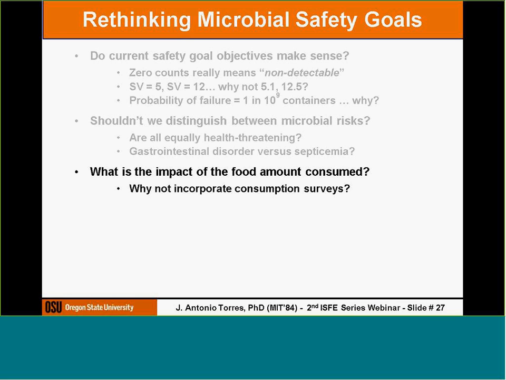Every consumer knows the supermarket tracks buying intensity. So how much the consumer is buying of each product. Getting consumption surveys from supermarket data will be relatively easy.